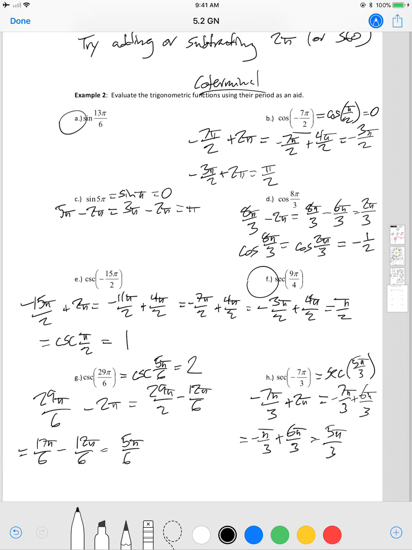And at 5 pi over 3, secant is the reciprocal of cosine, so I need to know the cosine value. At 5 pi over 3, cosine is equal to 1/2, so secant is 2. And that's it.